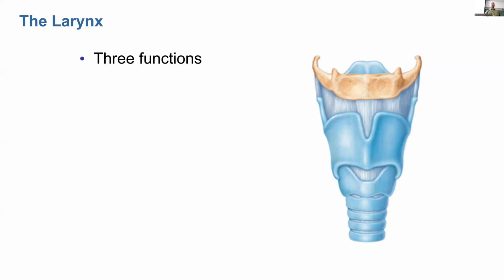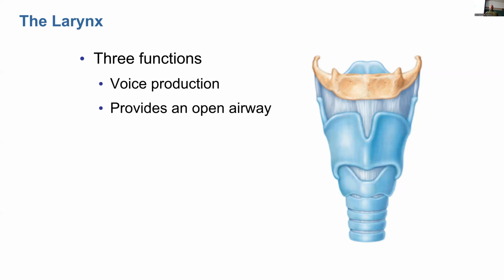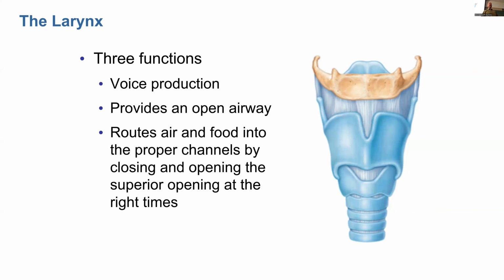When we talk about the 3 primary functions of the larynx, it is the voice box, so it's important for voice production, provides an open airway through which air is traveling to the lungs, and it has a special structure that makes sure that food and air go in separate tubes at the right time.